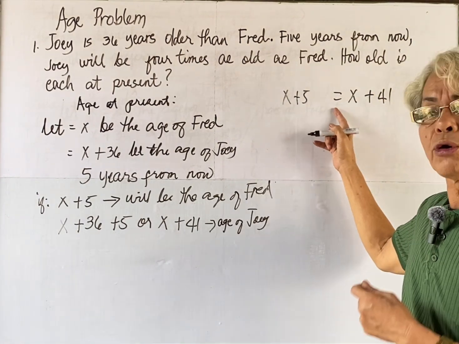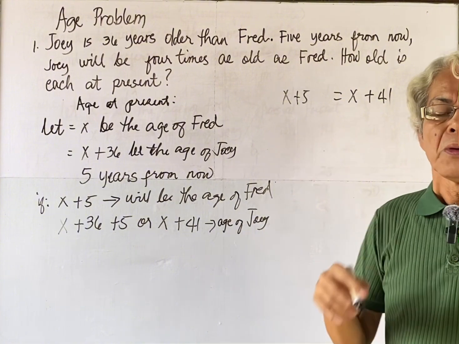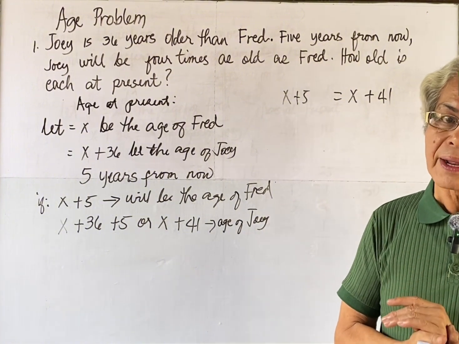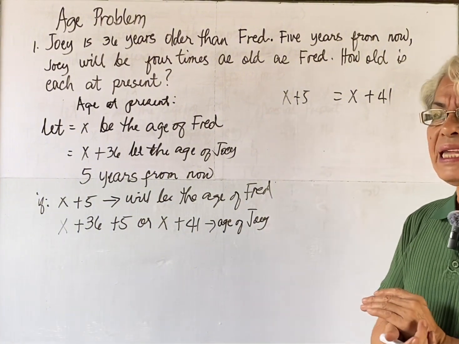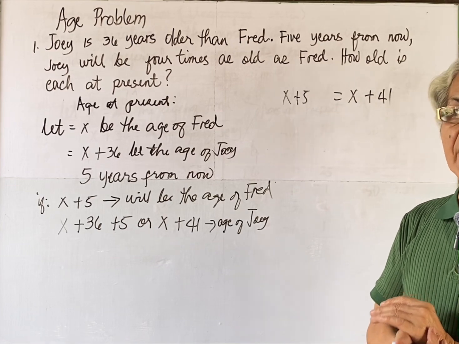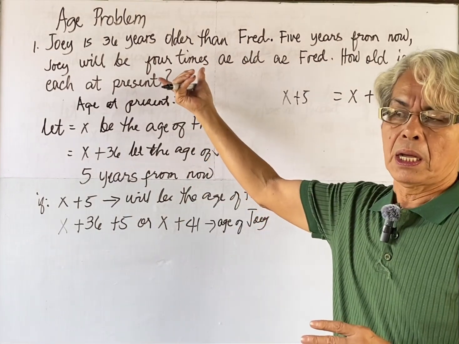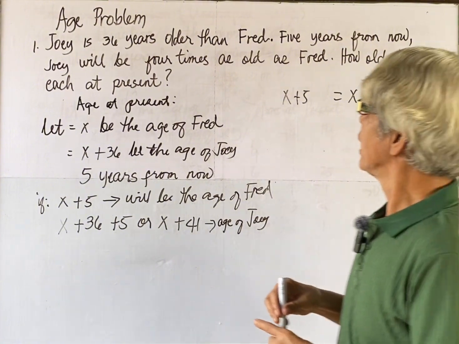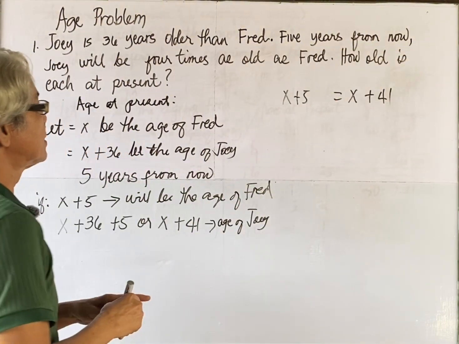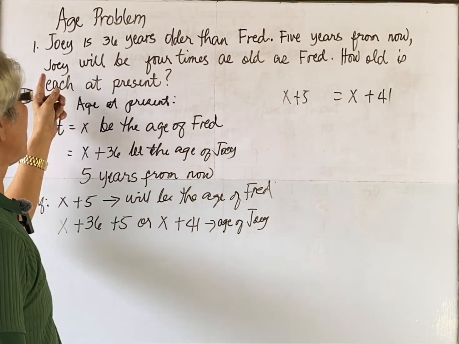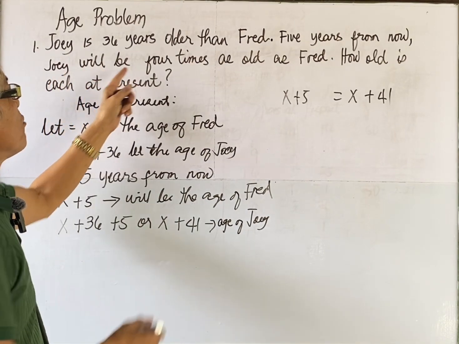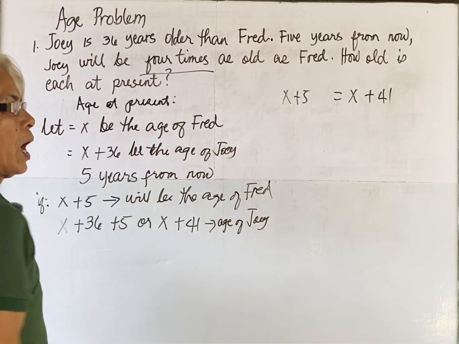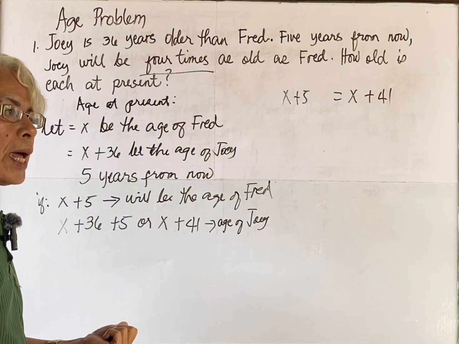But this is wrong. We have to make it correct by supplying another word that is present in our problem. The problem stated that 5 years from now, Joey will be 4 times as old.